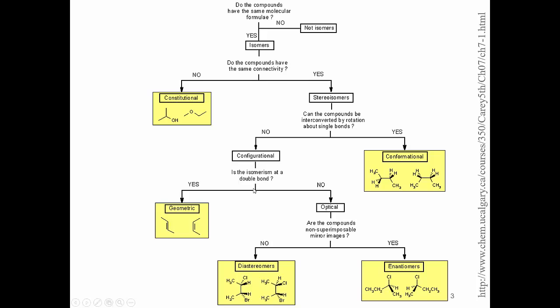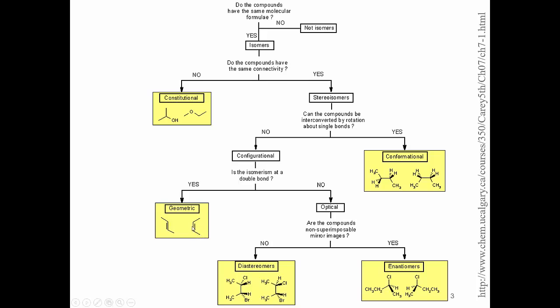But the other case, very simply, is if we're talking about a compound that has a double bond in it, we call these geometric isomers. Because what we have here is compounds that have a different geometry: this carbon is as far away from this one as it can be, and this one is as close as it can be.